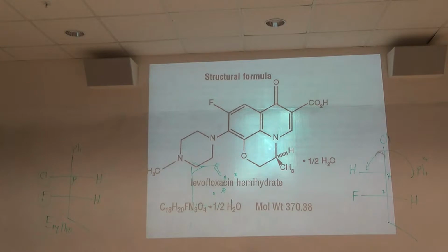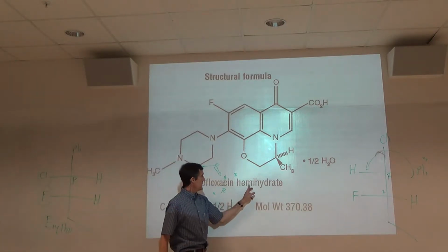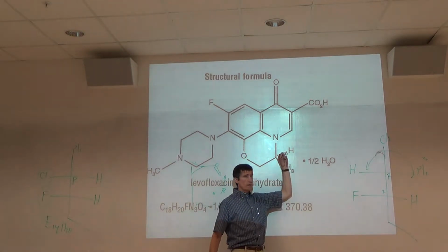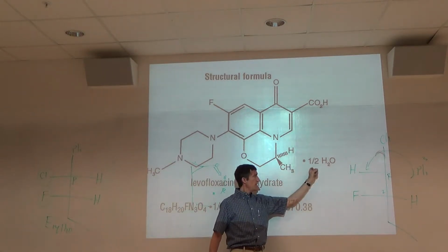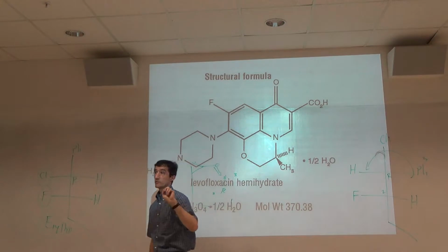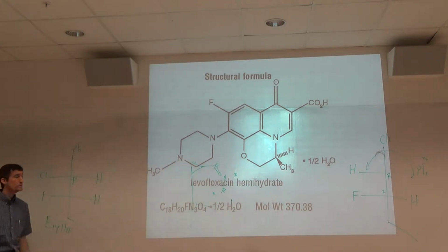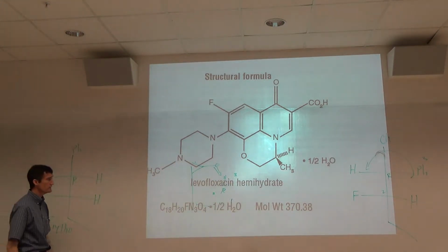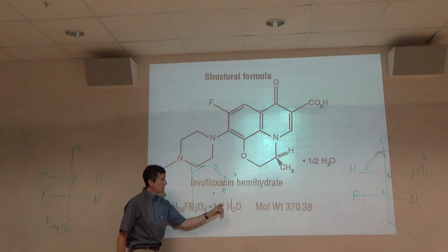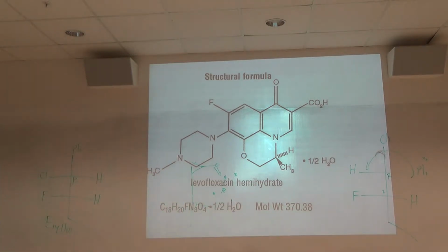This drug here is levofloxacin hemihydrate. Hemi means half. Each molecule is associated with a half a mole of water. For every mole of molecules, half a mole of water. Hemihydrate, the formula. That adds the molecular weight.